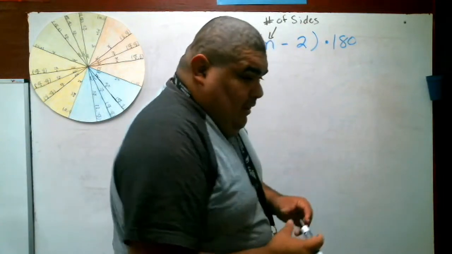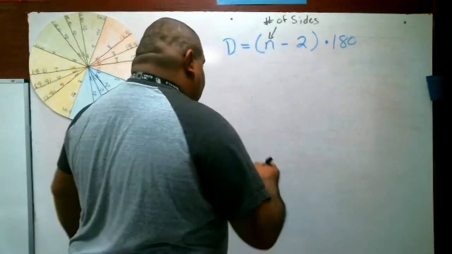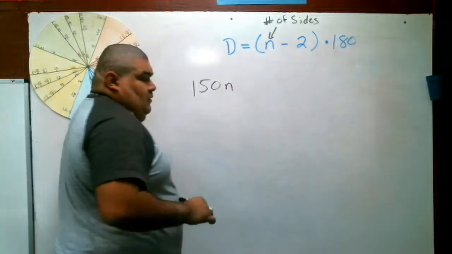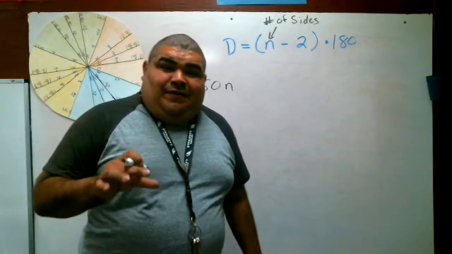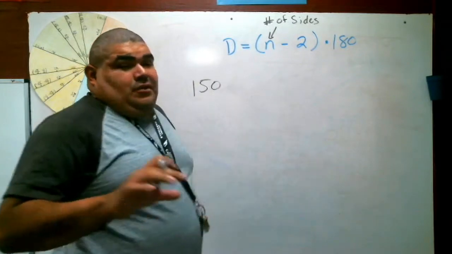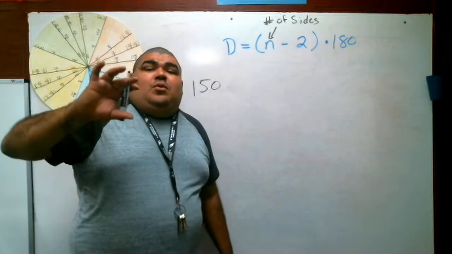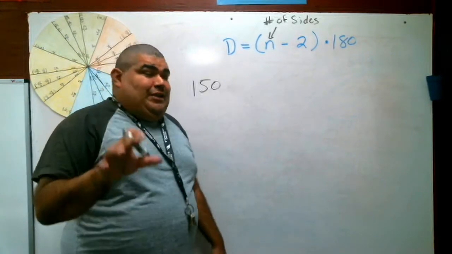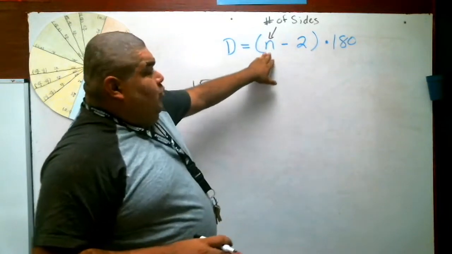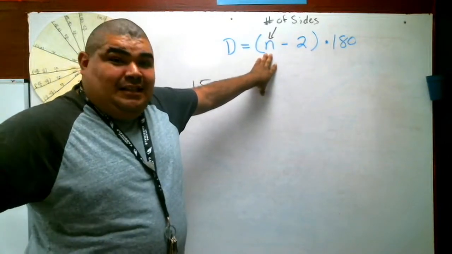So, if I were to say we have 150 degrees, the way we're going to find out is we plug it in for degrees. We're still going to keep the equation and leave the variable, because technically we still don't know how many sides it has.